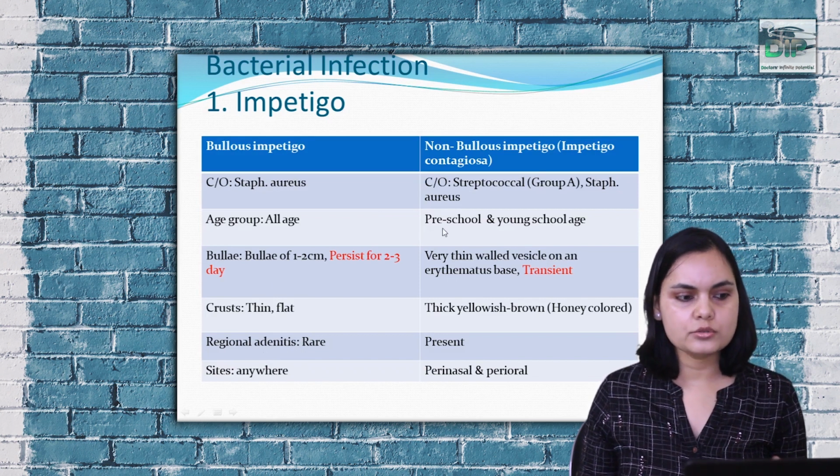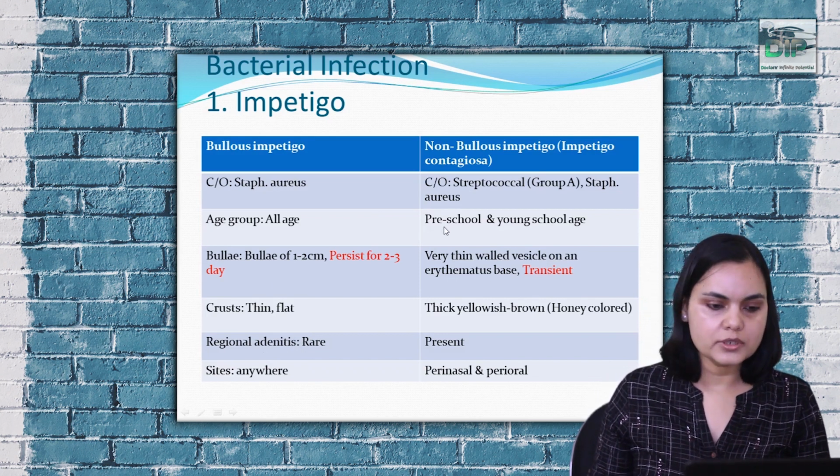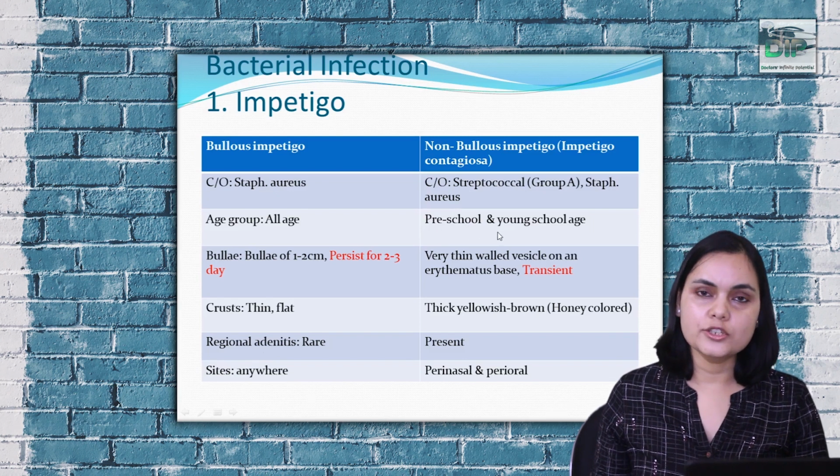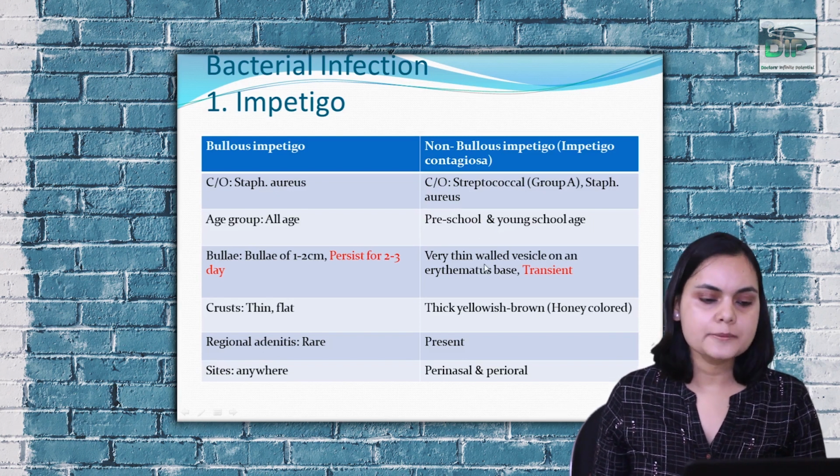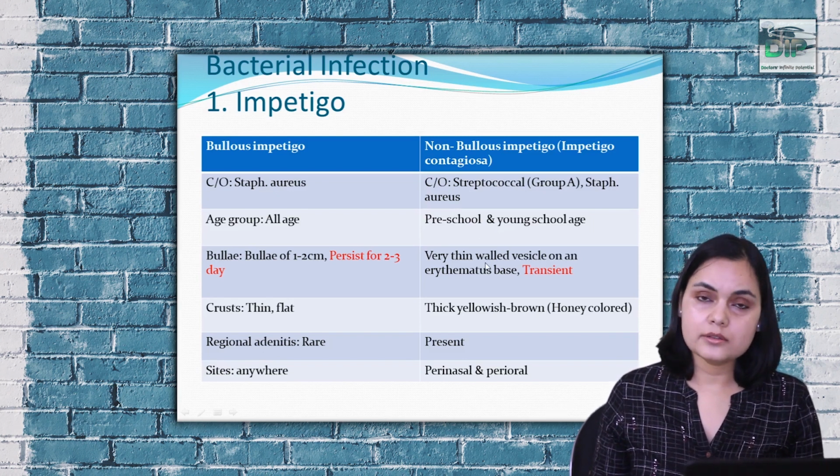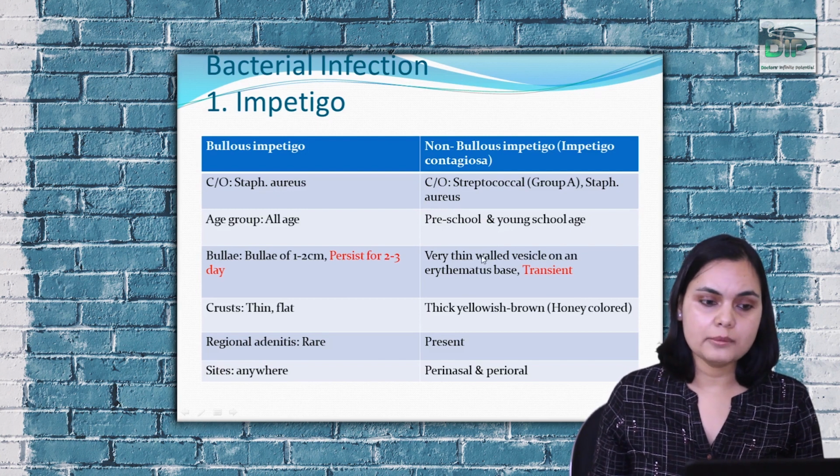In contrast to bullous impetigo, in non-bullous impetigo, preschool children and young school children are most commonly affected. In this case, there will be no formation of bulla. That's why the name is non-bullous impetigo.